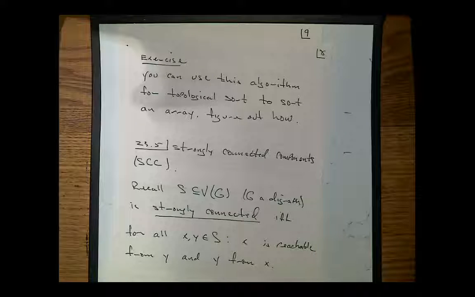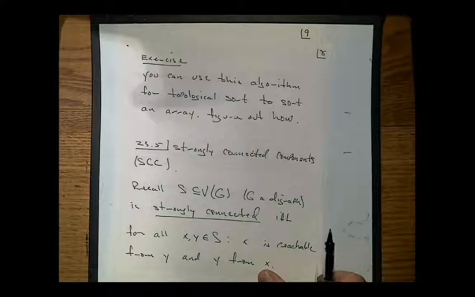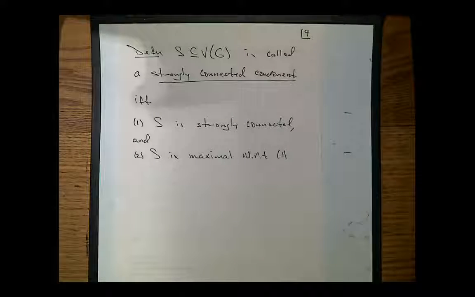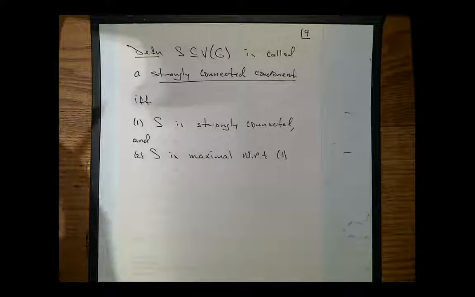Because in a DAG, once you leave a vertex, you can't get back to it because there are no directed cycles. So if there are two vertices in a subset, you might be able to get from one to the other, but you certainly won't be able to go back the other direction because there are no directed cycles. So therefore, the strongly connected components are, I was supposed to blacken all of these, so I'll do that. But in general, in a digraph, there might be more than one vertex in a strong component.